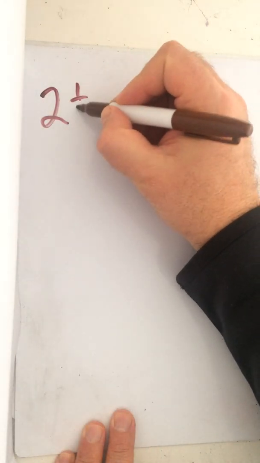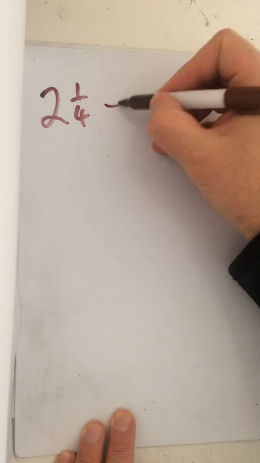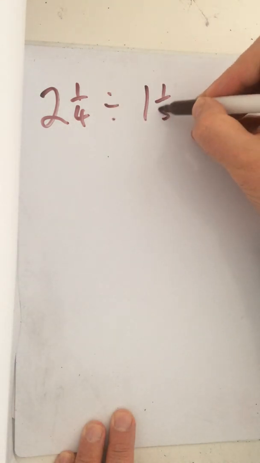Now last ones, you won't be surprised to know, it's with mixed numbers. So we've got 2 and 1/4 divided by 1 and 1/8.